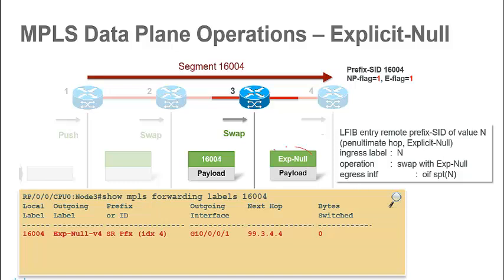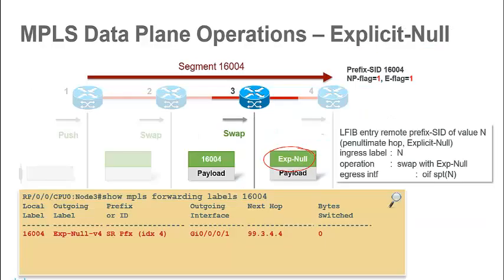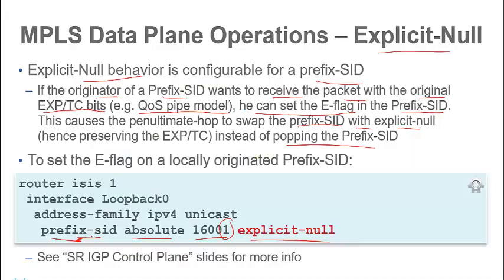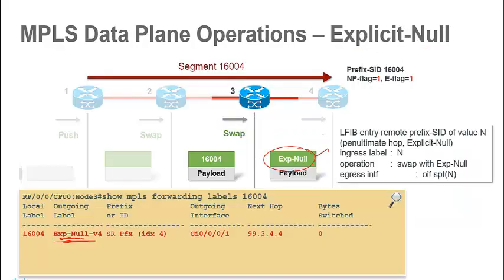See, it is not popping, it is sending explicit null value. In the previous case, it was popping off. No MPLS header. Here you have the header, but with null in it. Explicit null. See the difference in the output. Pop. But here, null.